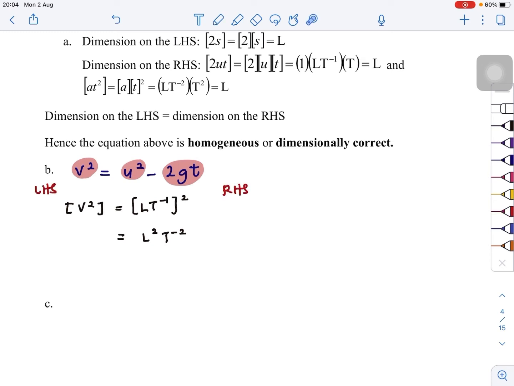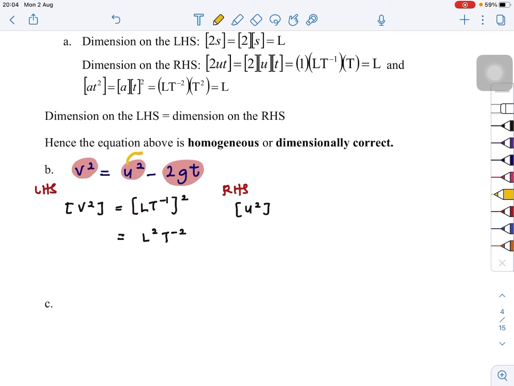Now right hand side, these two. Okay, so we use this U square first. Okay, U dengan V adalah benda yang sama. Dia adalah velocity. Okay, kenapa kita gunakan U dalam equation ni? Sebab equation ni adalah digunakan dekat chapter 2 nanti. Kenapa kita gunakan simbol U bukan V?